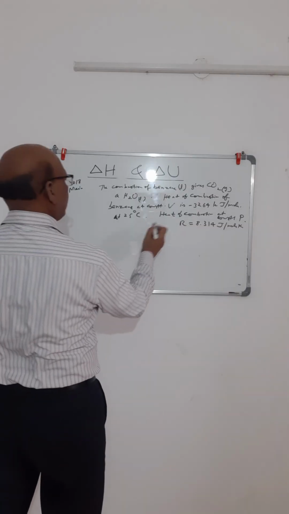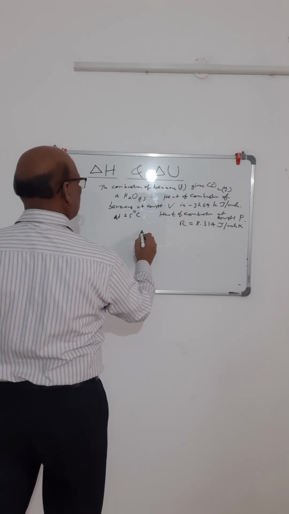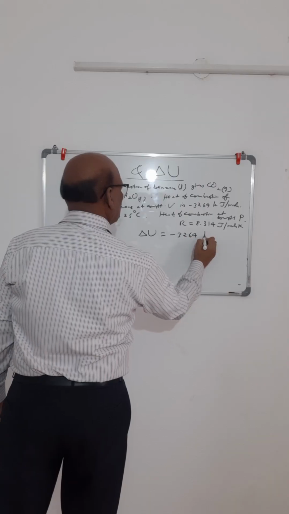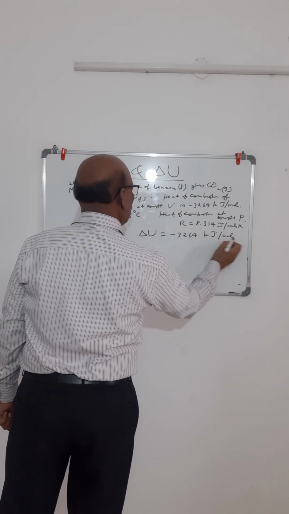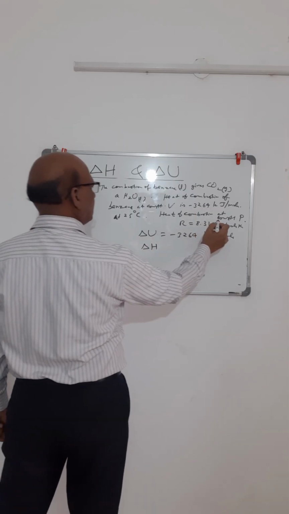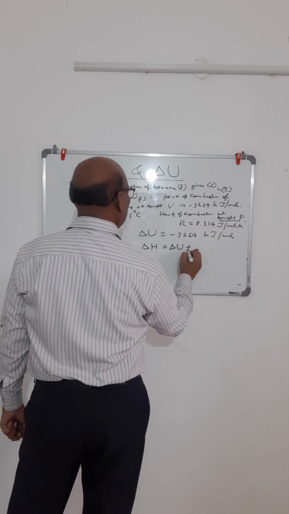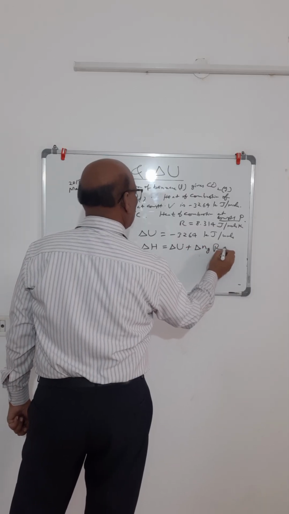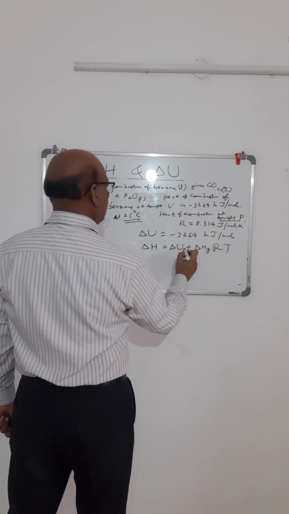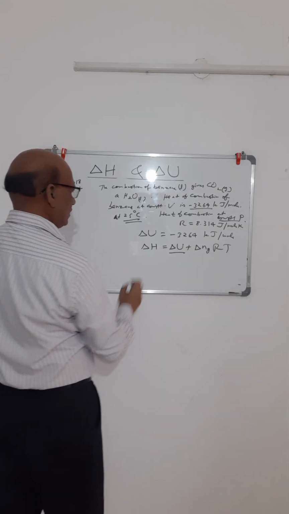How will we do this? Heat of combustion at constant volume is given to us, which is nothing but delta U equal to minus 3264 kilojoule per mole. What we have to find is the heat of combustion at constant pressure, which is nothing but delta H, and delta H equals delta U plus delta Ng RT. Temperature is given to us, that is 298 Kelvin. Delta U is given to us, and what we have to find is delta H.